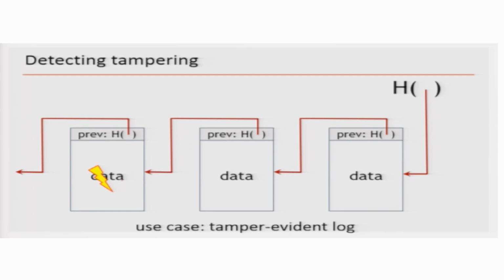So, therefore, the perpetrator, the person attacking the system, also has to change it here. As soon as he changes it here, since this is part of this big block, this hash has to be changed. So, then he has to go and change the next block's hash also.